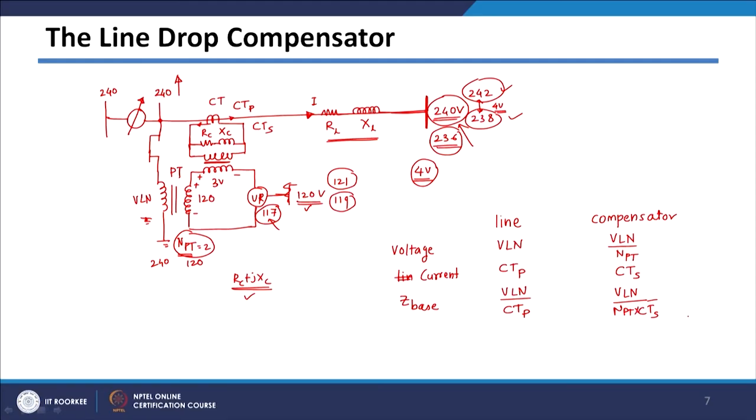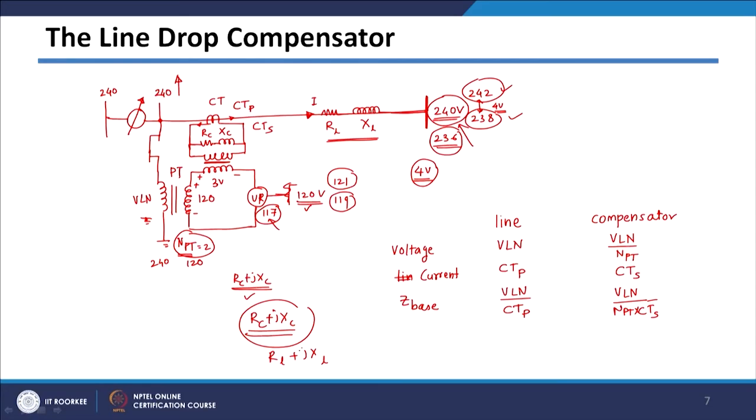Now, let us see how we can get the values of this RC plus JXC. If you consider the per unit values of RC plus JXC and the per unit value of RL plus JXL, they should be equal, because I want them to be proportional.